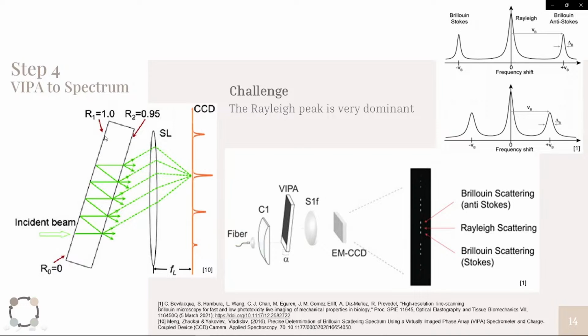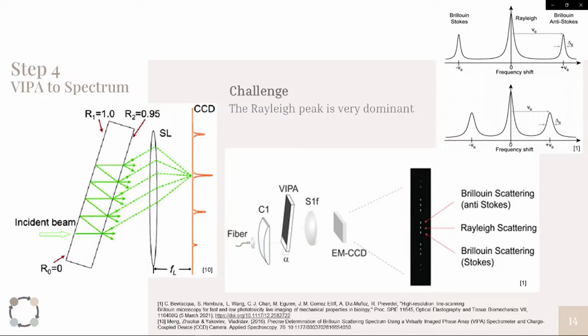You have an incident beam going through the anti-reflective surface, which has multiple reflections through the glass etalon. And this virtual image is collected using a cylindrical lens, and finally, it is taken to the CCD camera or any camera. It can be a CMOS camera, any high sensitivity camera.